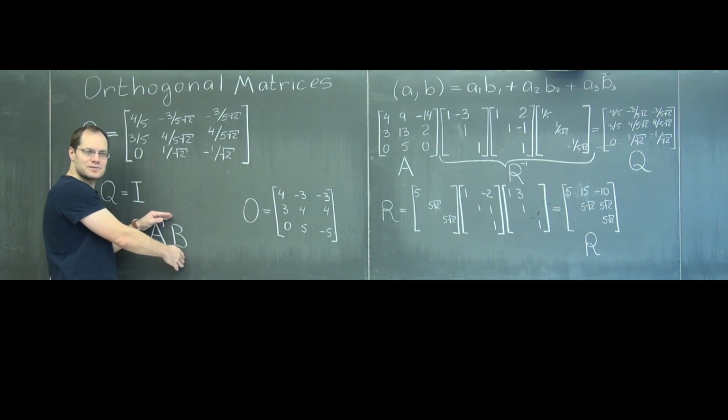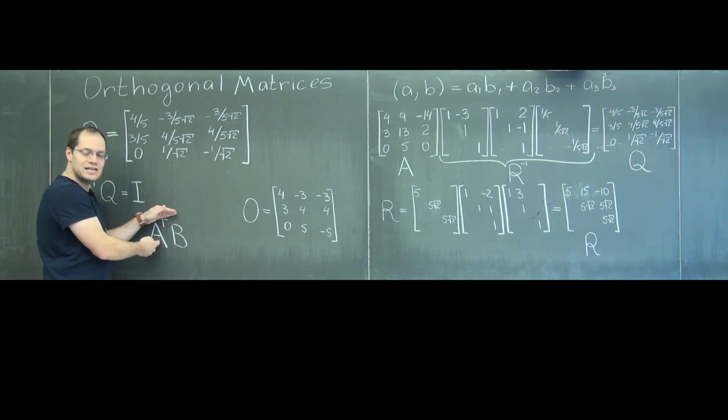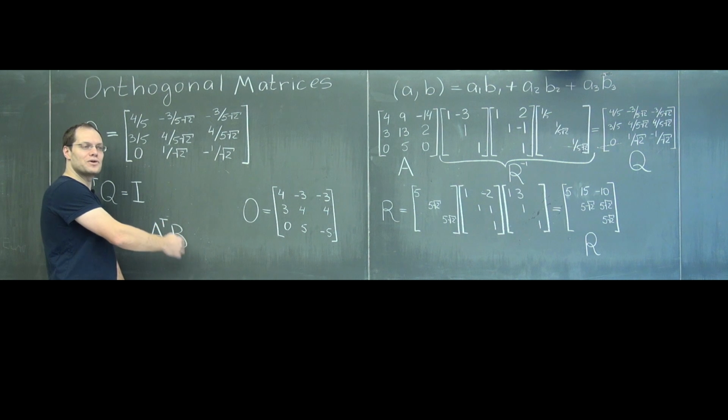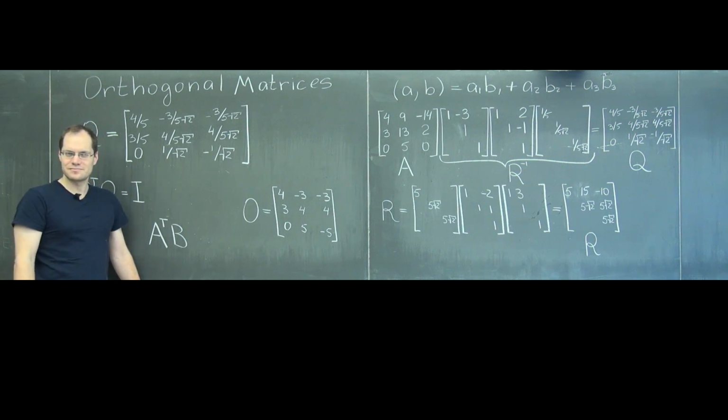But if I put A transpose here, then the rows of A transpose are the columns of A. So you just end up dotting the columns of A with the columns of B.